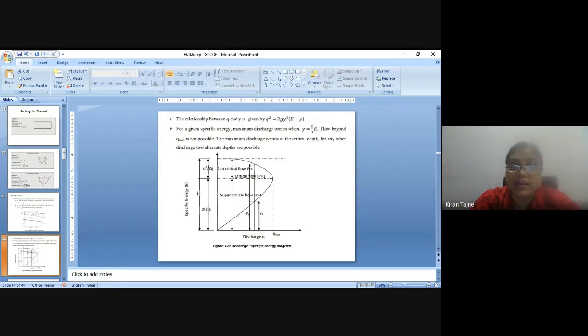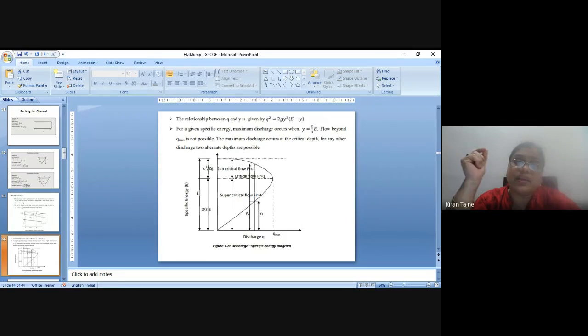At the curve line, there is minimum specific energy, and minimum specific energy means there is maximum discharge. So Q max occurs at critical depth.